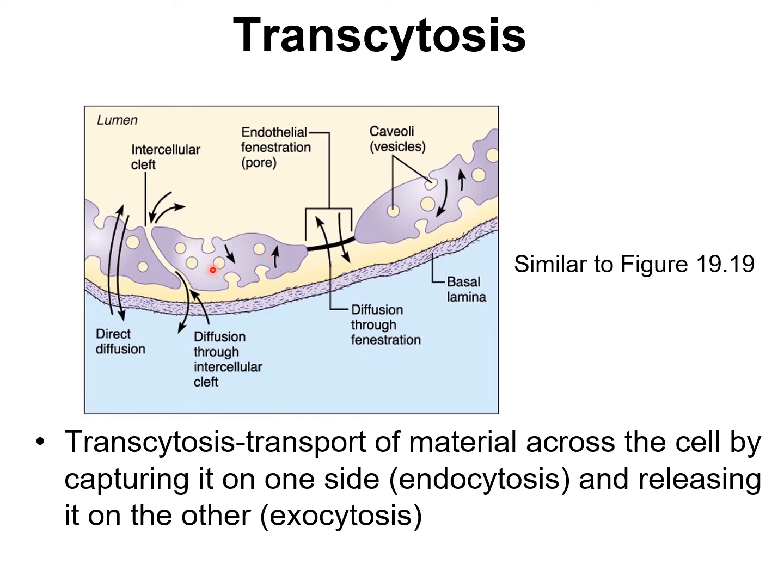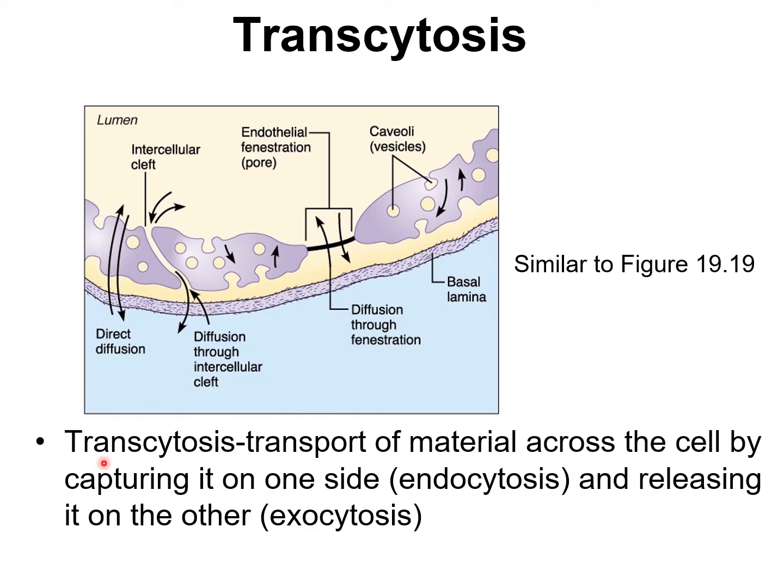This is a cell. Substances in the blood can be brought into the cell by endocytosis, and then the vesicle migrates across the cell to the other side where that substance is dumped and exits the cell by exocytosis. So endocytosis on one side, bringing the substance in, and then exocytosis on the other. And that has the net effect of moving a substance across a cell.